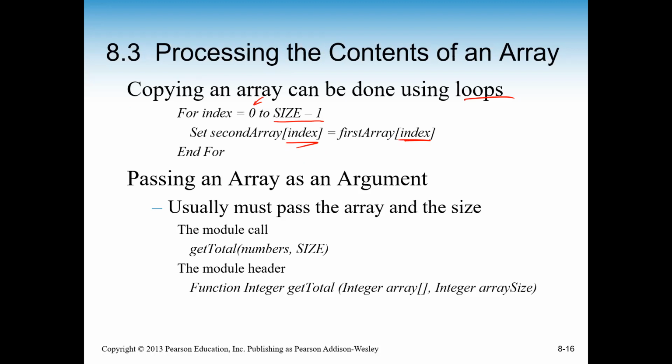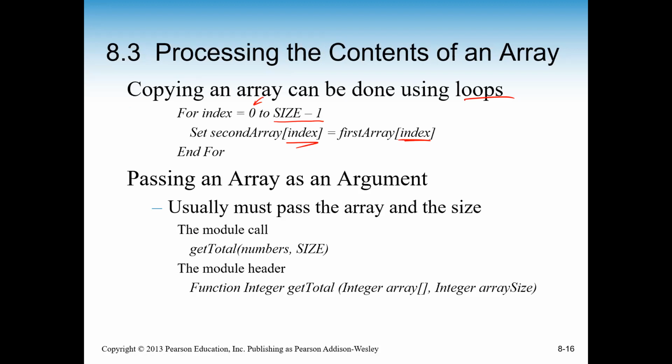Usually, if we were doing a module for an array, we would have to pass the array and the size, although not really. You would do the length of the array. In Python, that's a more efficient way. You actually don't want to hard code that. But here, as the book says, we usually must pass the array and the size.